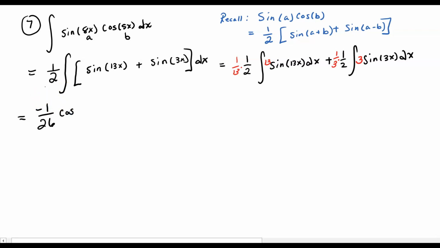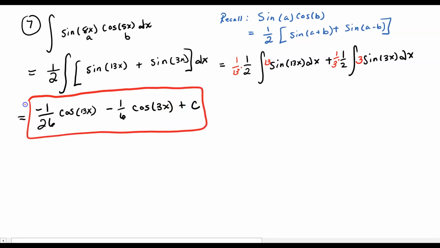All right, a negative cosine of 13x. And then the integral again of another sine is going to be another negative, so -1 out of 6 by doing that simple multiplication. Cosine of 3x in this case plus c. So really nice simple integrals if you use those product to sum formulas.